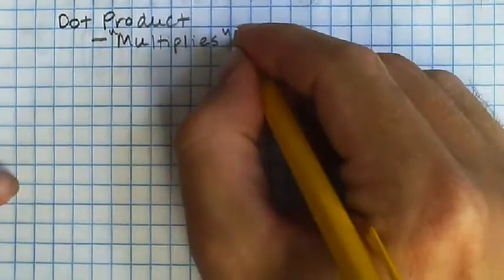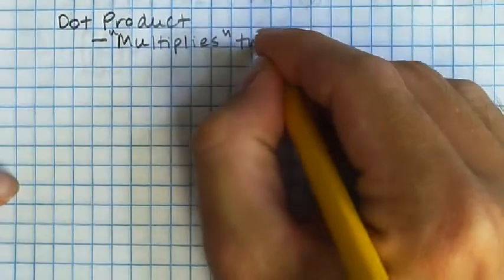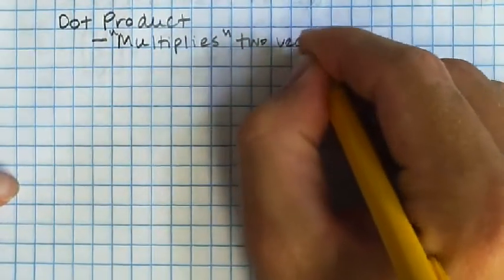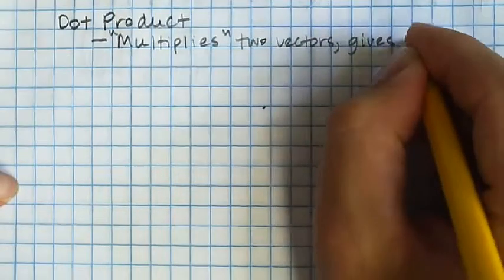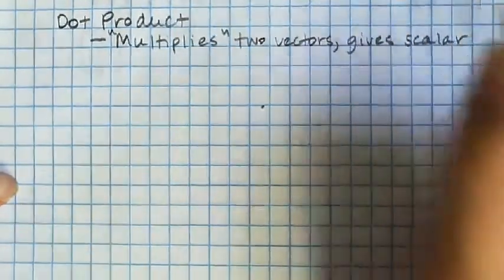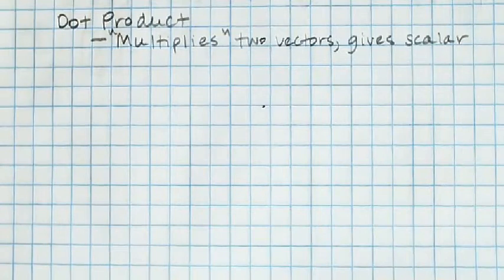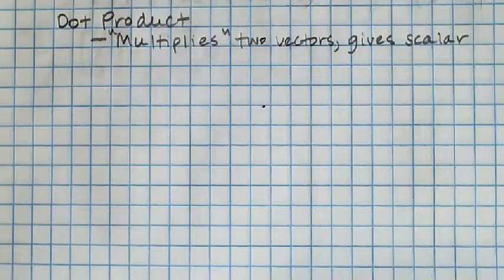So it multiplies 2 vectors and gives you a number. And somehow this scalar is a measurement simultaneously of the relative lengths of the vectors and the way that they sit with respect to each other, like the angle. And I'll tell you more about that in a second.